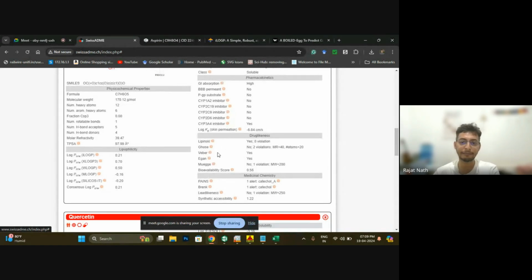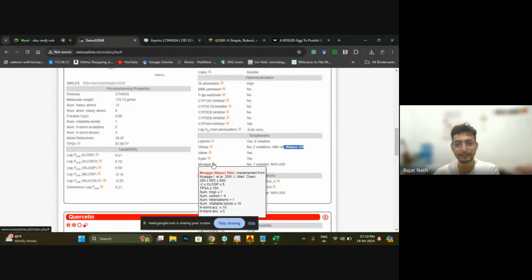These are the different parameters or criteria given by different scientists, and your compound is violating 2 parameters given by Ghose. One is MR is higher than 40, another is atoms is higher than 20. There is another drug likeness rule given by Veber, and your compound is showing yes, that means it is not violating its rule. There is another rule given by Egan, and it is also not violated by your compound.